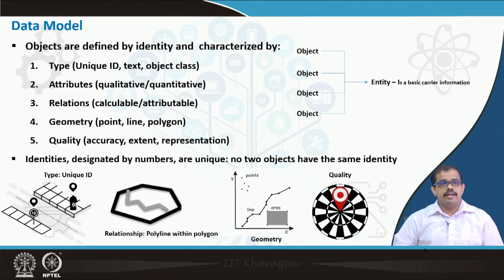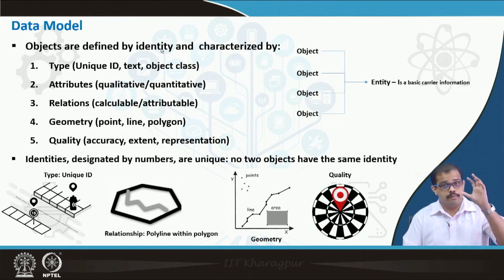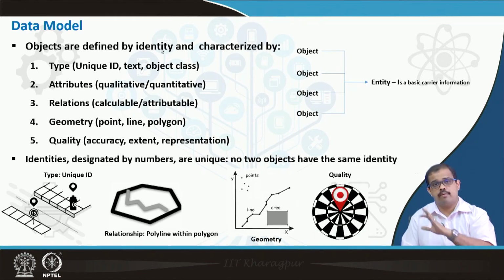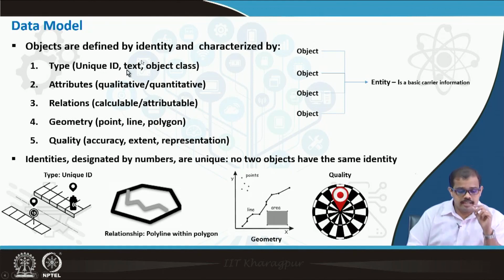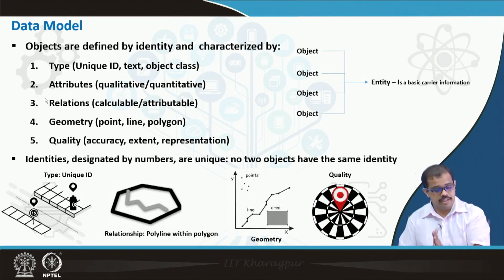In the data model, you have objects that are defined by identity. Various objects in that data model are represented in the form of identity and are characterized by type; I gave an example of a road. Then you have attributes, which may be qualitative or quantitative, and it always has relationships.